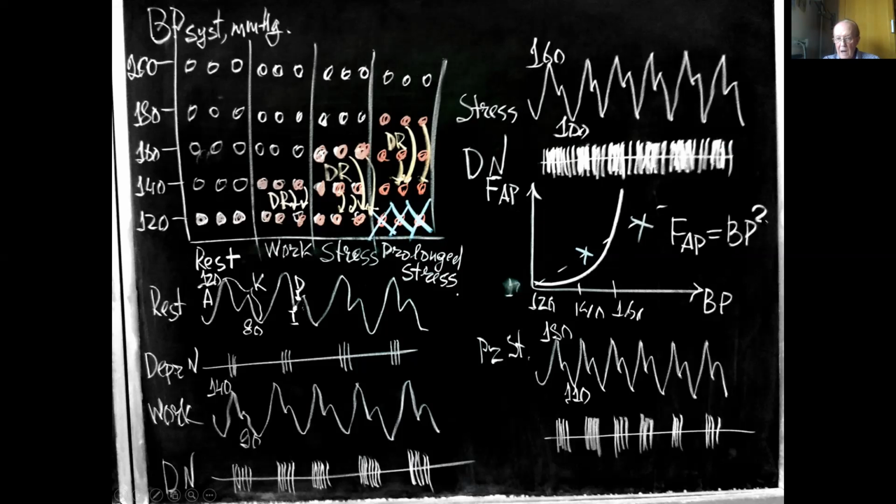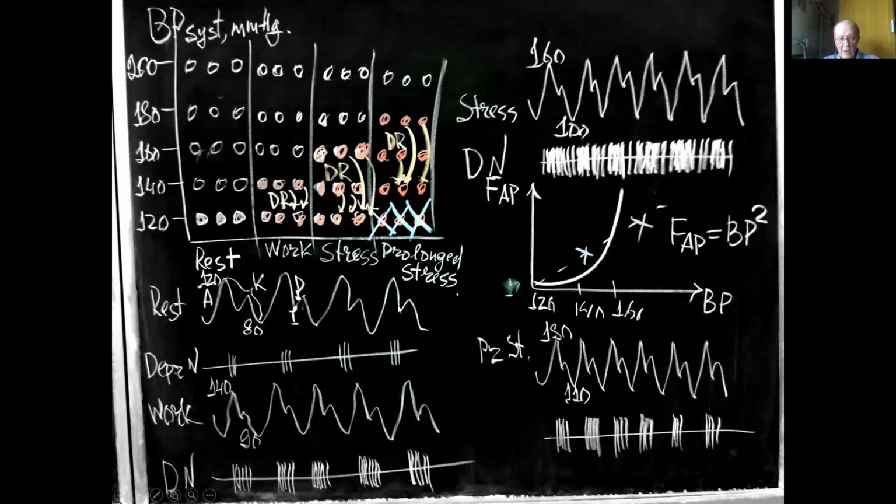This is the quadratic equation. That's why a lot of action potentials appear, and it helps to produce the depressor reflex. And in some minutes, maybe 3, 5, 10 minutes, the blood pressure will be normalized. This is the healthy body.